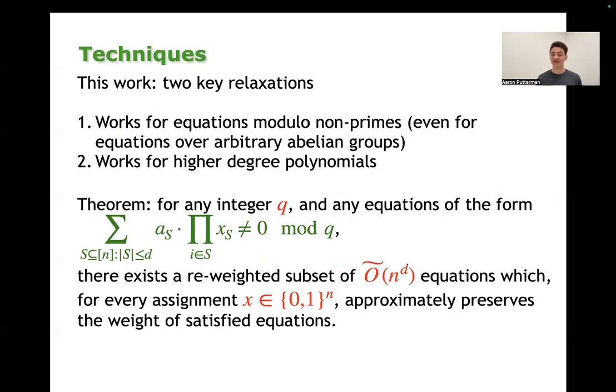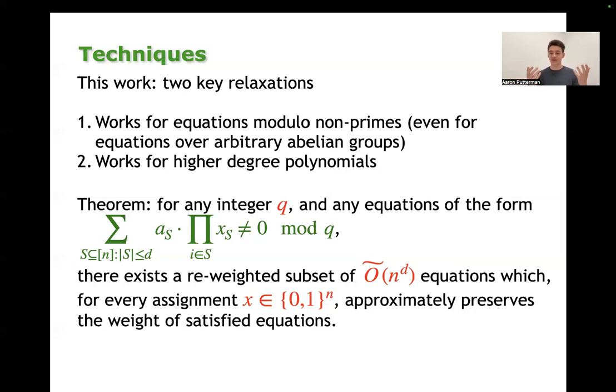In this work, we really consider two relaxations of the code sparsification framework. The first is that we consider equations modulo non-primes, and even beyond that, equations over arbitrary abelian groups. Again, the condition is we're still checking, does it equal 0 or does it not equal 0?